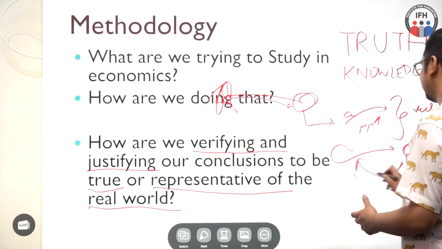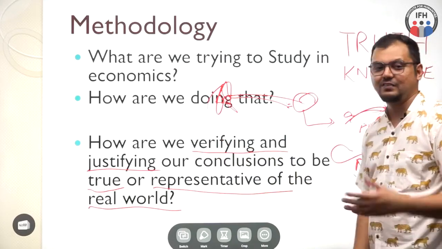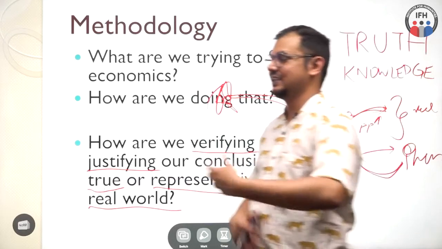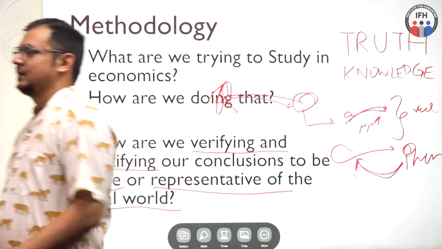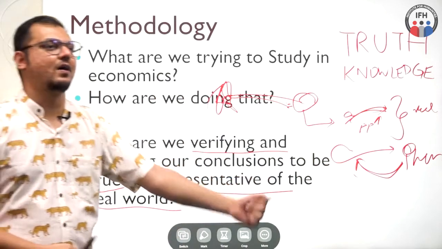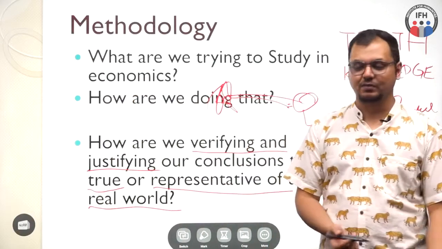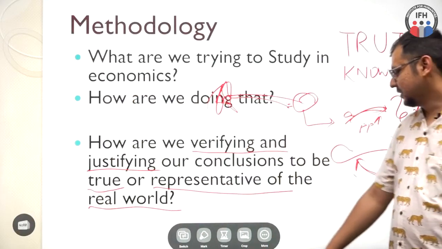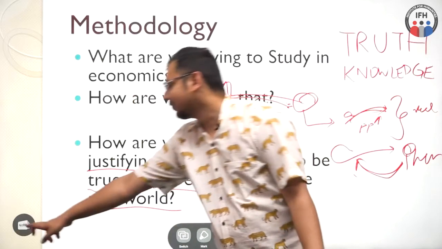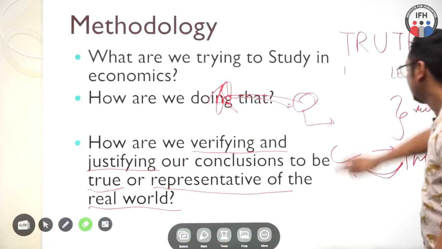When we are trying to understand a phenomenon or predict, how good are we at it? Are we really getting to the causality? Are we really understanding why something is happening? And are we predicting how that is going to behave in the future well enough once we've understood its behavior? So this is what the method of economics, or the method of any subject, essentially deals with.